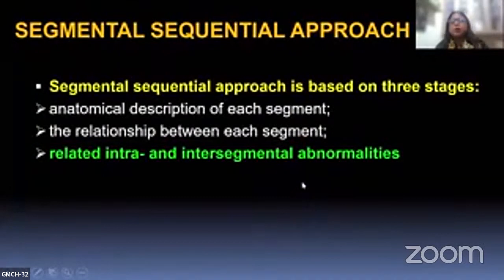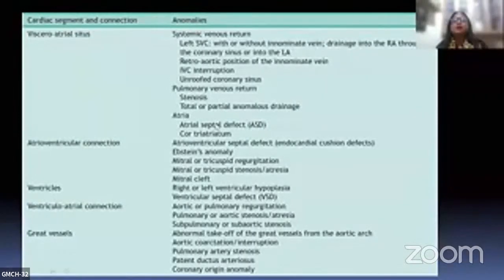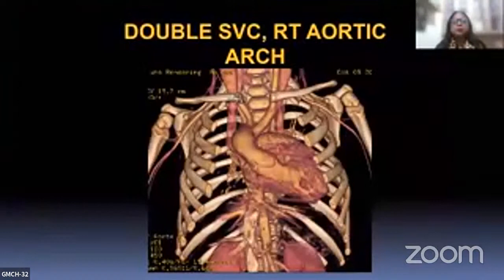Now, after looking at all these, we have to look at the related intra- and intersegment abnormalities. There is this huge table, and a lot of variations are possible. So one has to look at what kind of associated anomaly is there in a congenital heart disease and try to put it all together to solve the problem.